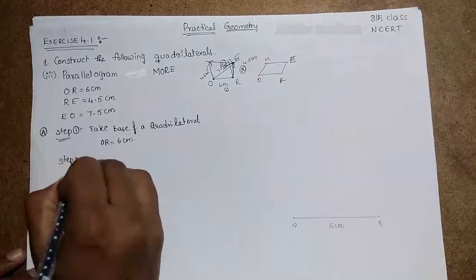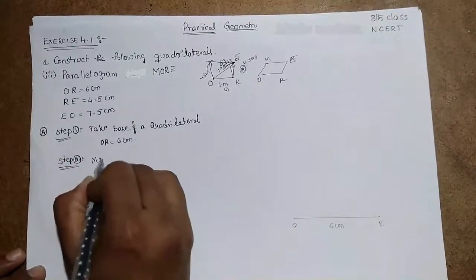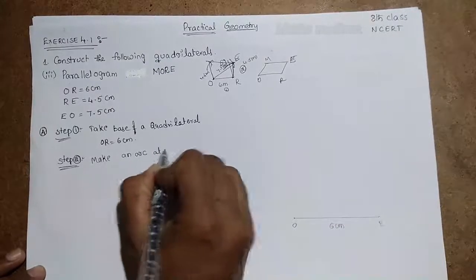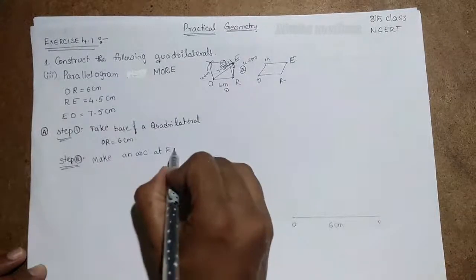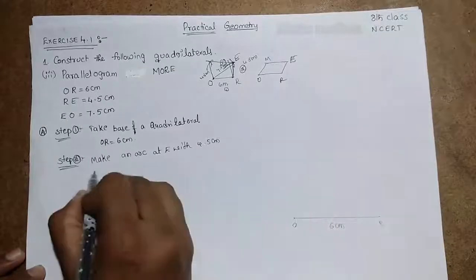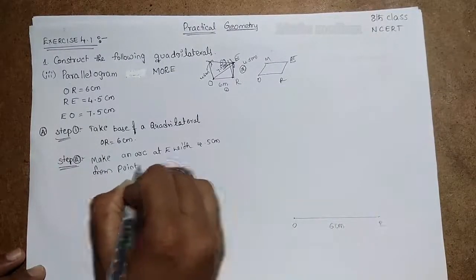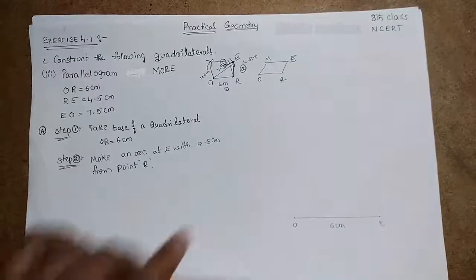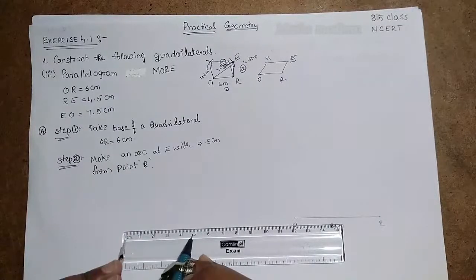Step 2: make an arc at E with 4.5 centimeters from point R. Here we take the help of the compass with 4.5. Take the pencil and the compass also.